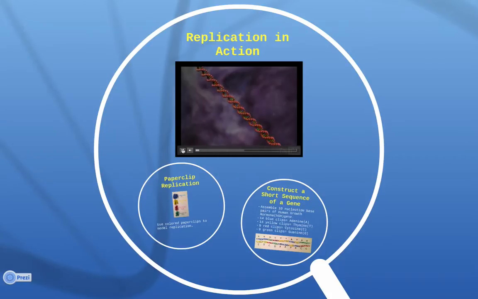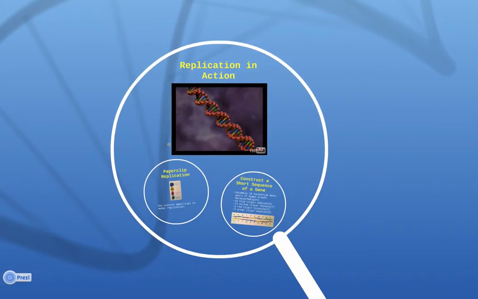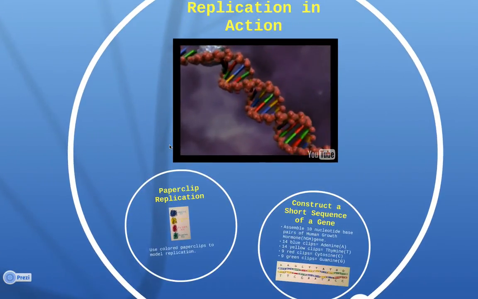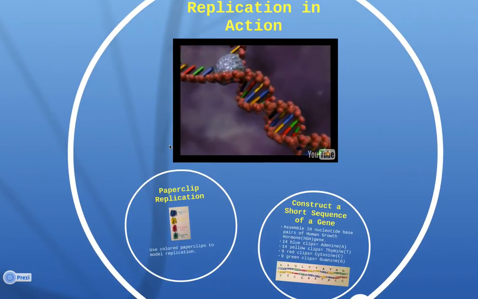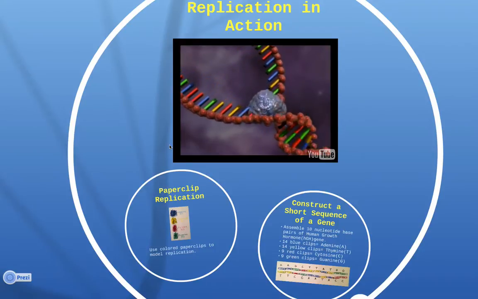DNA replication is defined as the process by which an organism's original DNA is used as a template for the production of a new complementary DNA strand. An enzyme called helicase unwinds the original DNA's double helix, creating a replication fork.